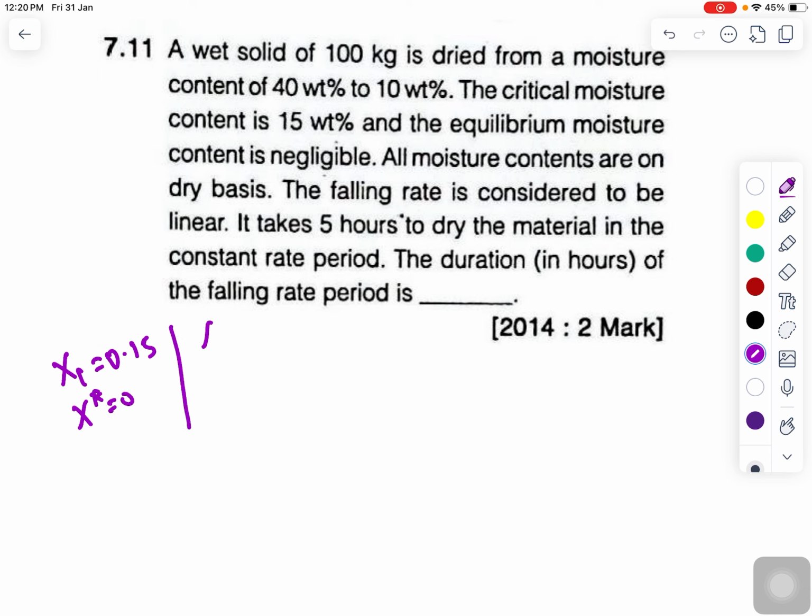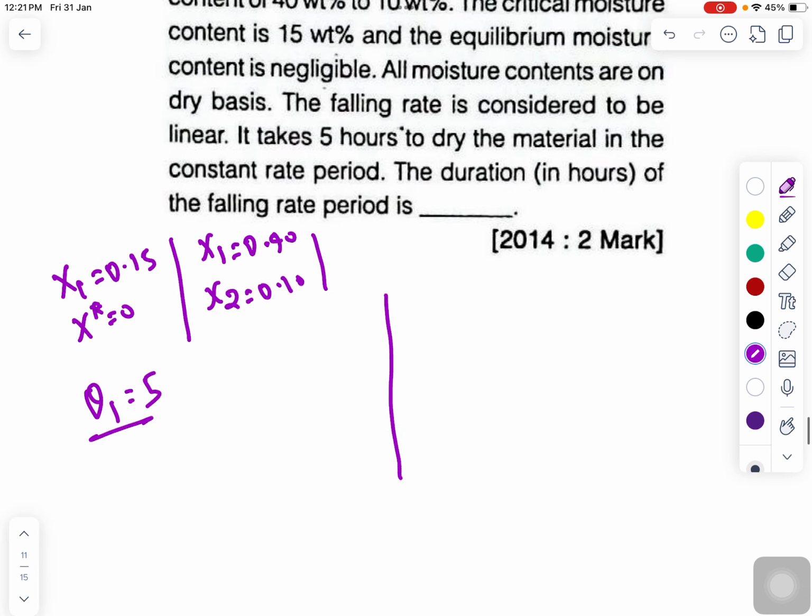All moisture content is on the dry basis, so X1 equals 0.40 and X2 equals 0.10. The falling rate period is linear, so theta 1, the constant rate period, is 5 hours, and you are supposed to calculate the duration of the falling rate period. If I plot this curve, you can see how it will look.